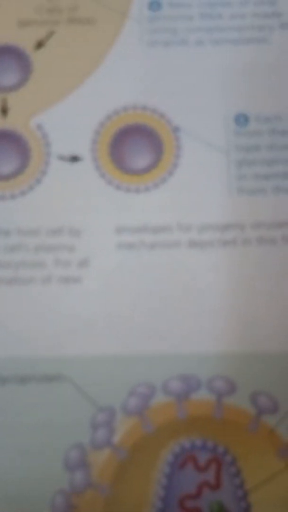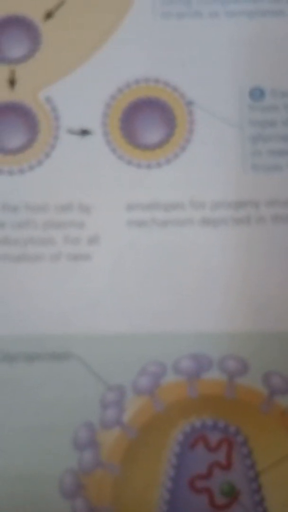viral DNA. The newly made viral DNA then enters the cell's nucleus and integrates into the DNA of a chromosome. The integrated viral DNA, called a provirus, never leaves the host's genome, remaining a permanent resident of the cell.